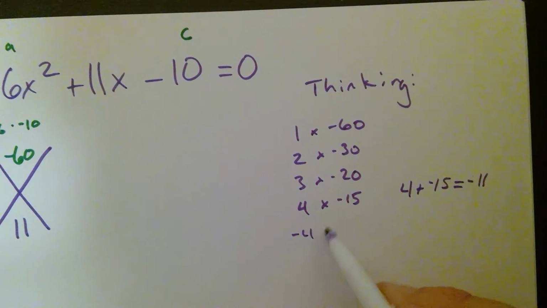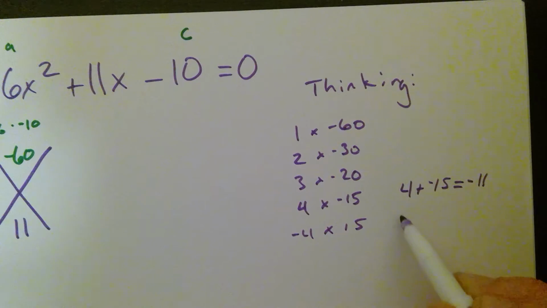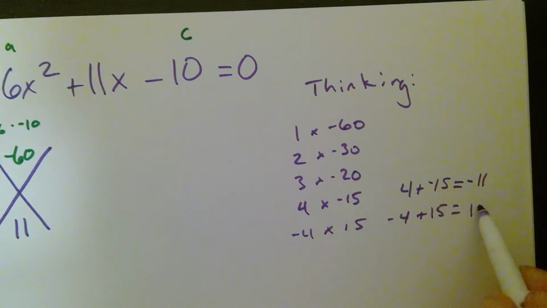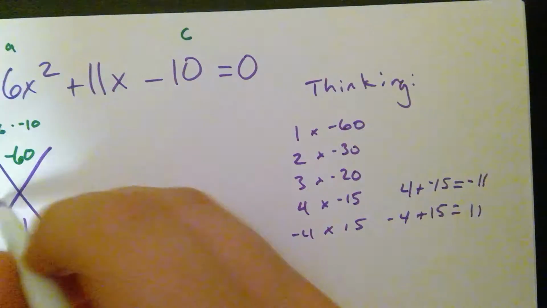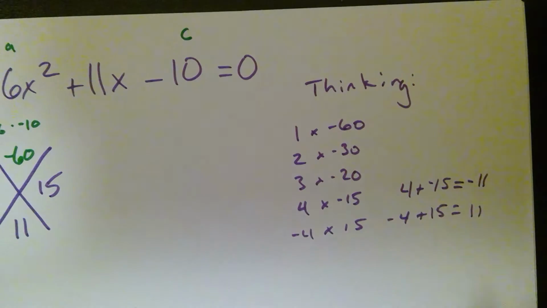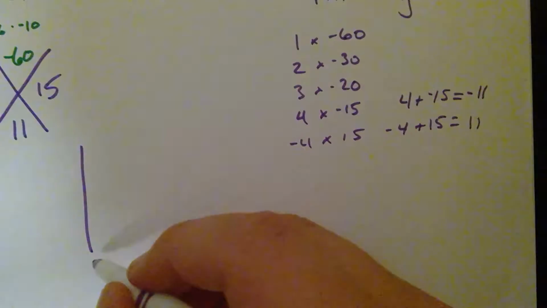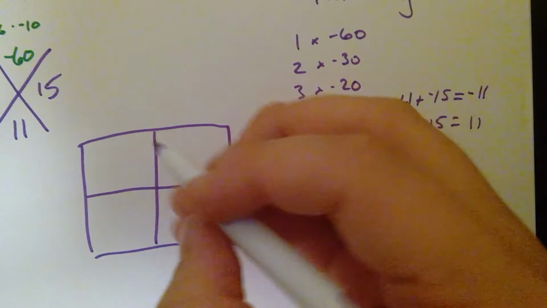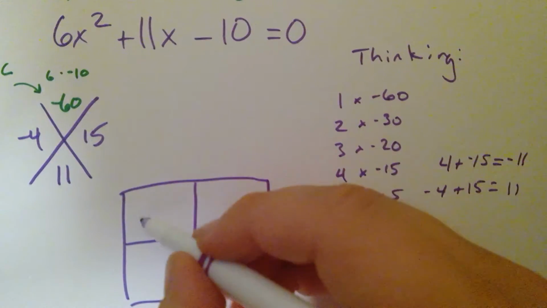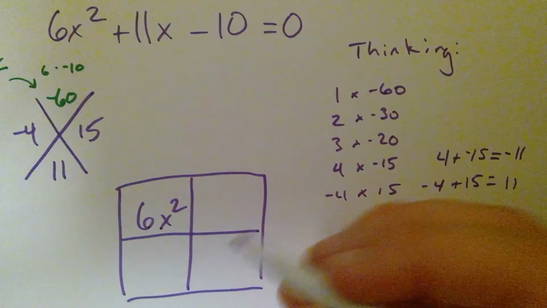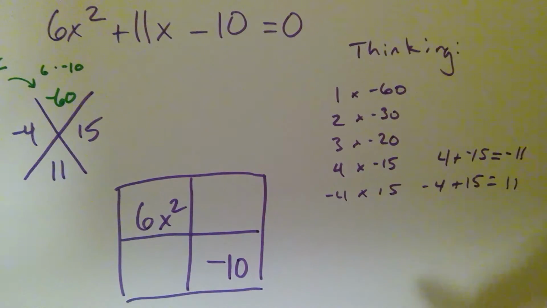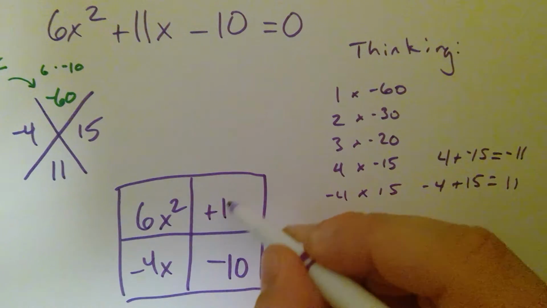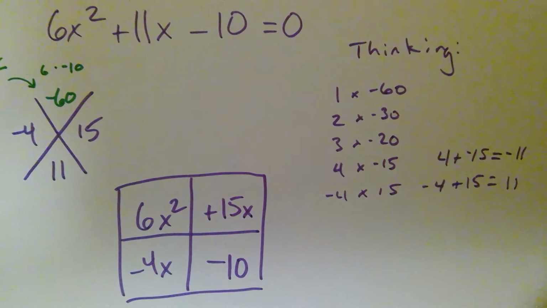We've got -4 times 15 equals -60, -4 plus 15 equals +11. So we've got -4 and +15. Let's go ahead and draw our box. So we started with 6x squared and -10, and we put in our -4x and 15x.